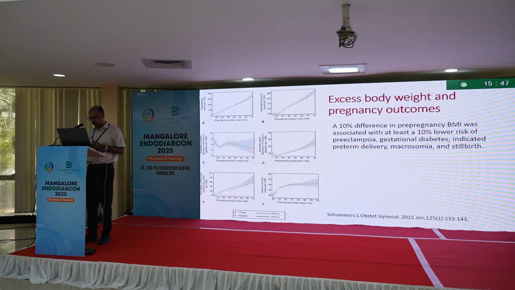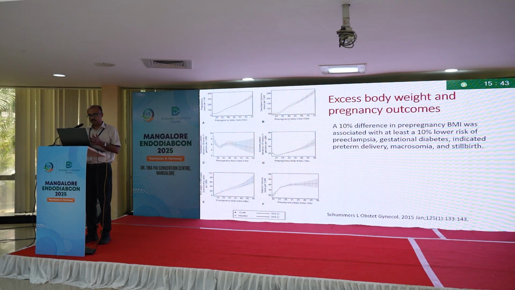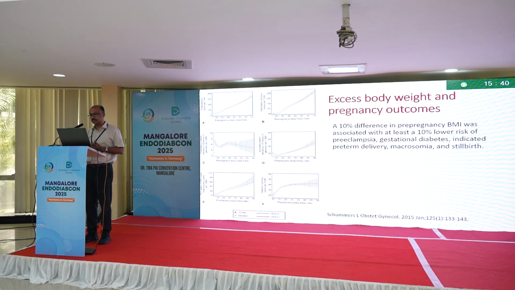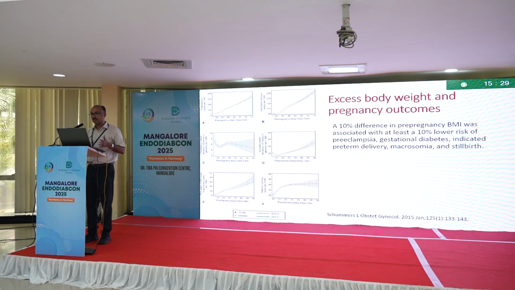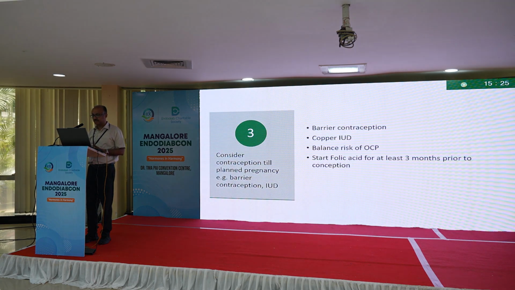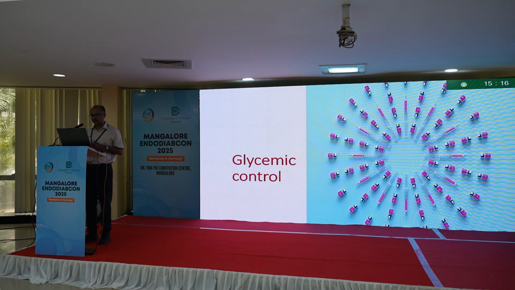This is very important, because when these women come to you prior to infertility treatment, you should discuss weight loss before a plan, as most of them are in a hurry to start some fertility-related medicine. Taking 5 to 6 months to plan weight loss would be a good idea for them. Now, coming to contraception, I will not go into the details of this. Folic acid 5 milligram should definitely be started at least 3 months prior to conception.